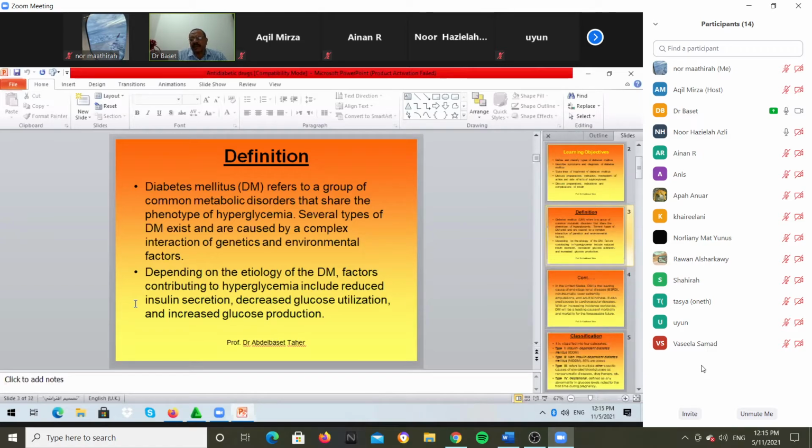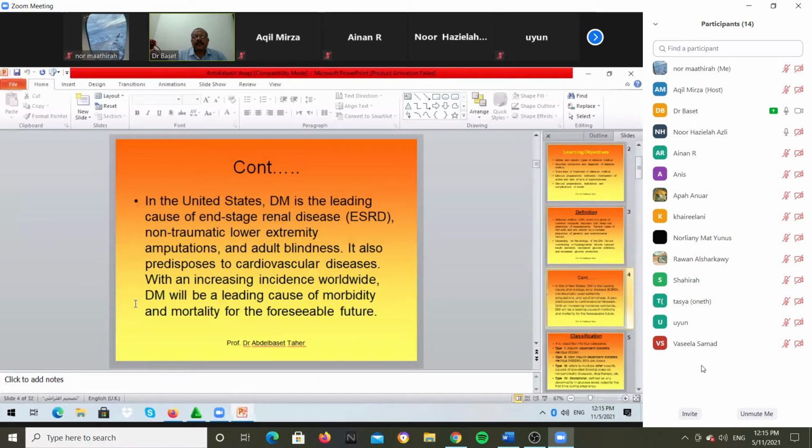Why hyperglycemia? In order to have an idea about the risk and importance of this disease all over the world, we can say that in the United States, for example, diabetes can be considered as the cause of end-stage renal disease.